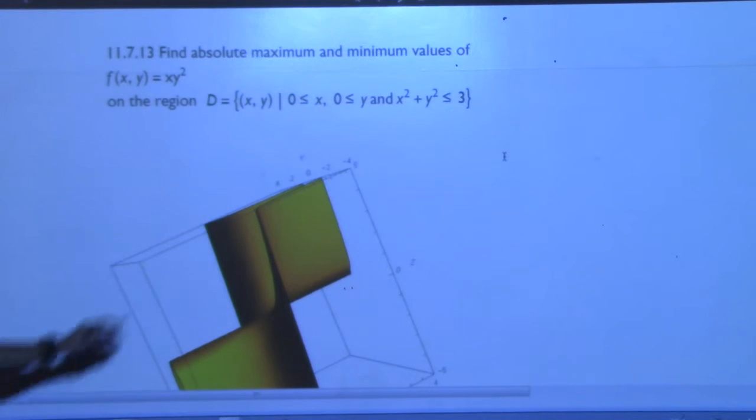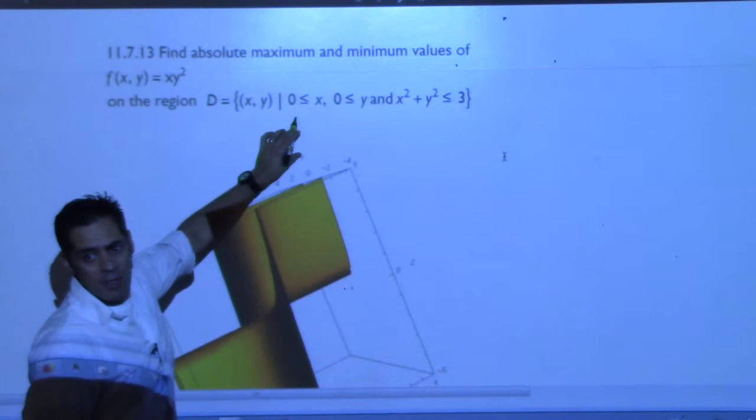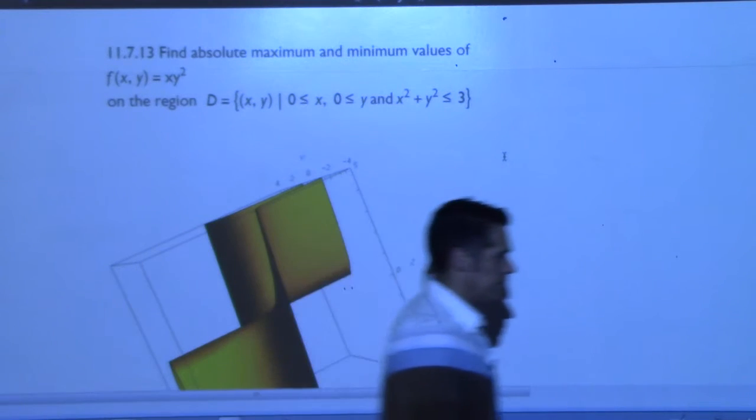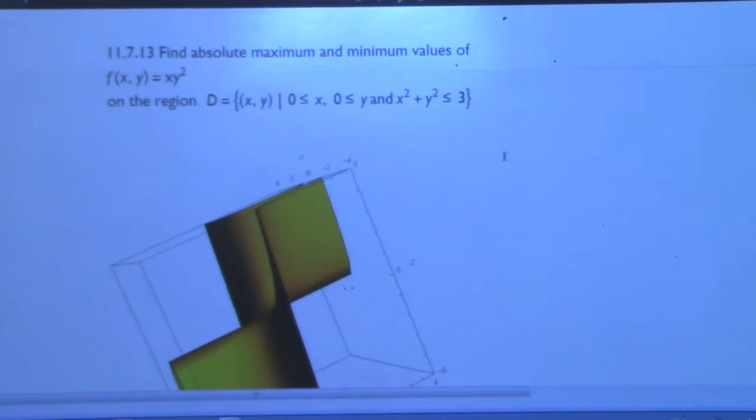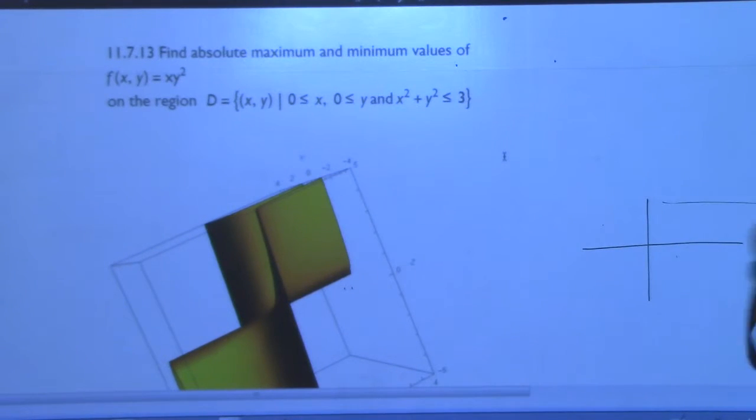Our region is D, which is a set of all points, ordered pairs, where x is bigger than or equal to 0. What does that mean? X bigger than or equal to 0 means it's all this stuff down over here, right? Which is unbounded so far.